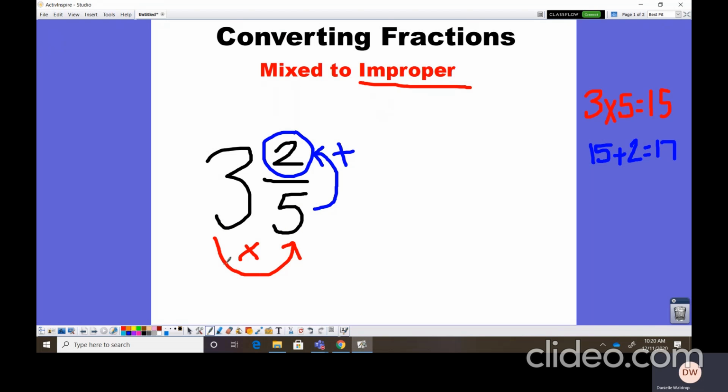You start from the whole number, multiply by the denominator, then add the numerator, and you work around the mixed number in a circle. So I got 17. You keep the same denominator; the denominator does not change. So 3 and 2/5 becomes the improper fraction 17/5. All right, let's do another one.